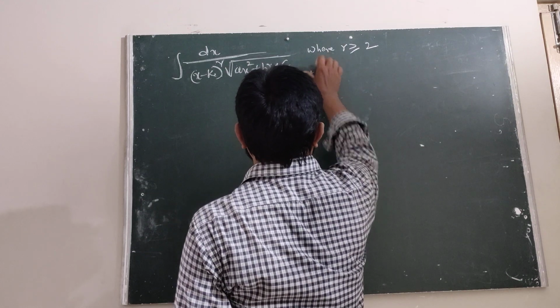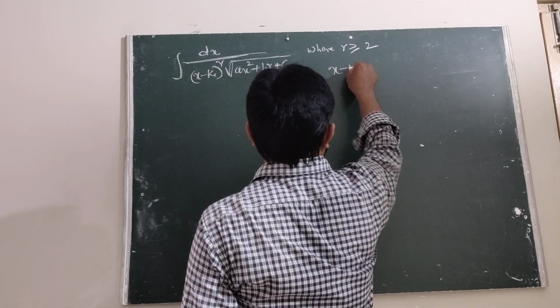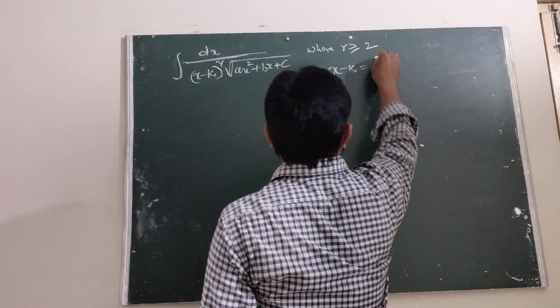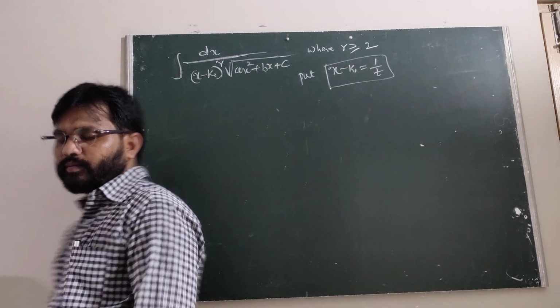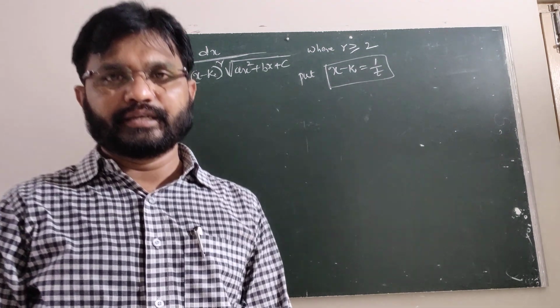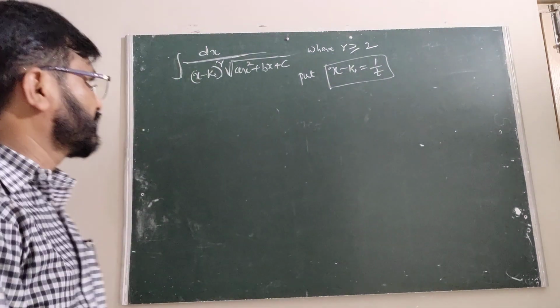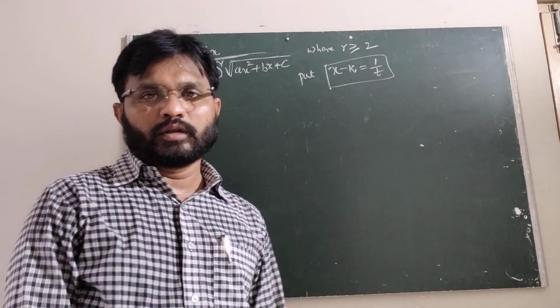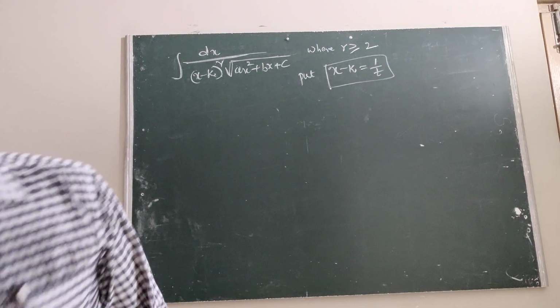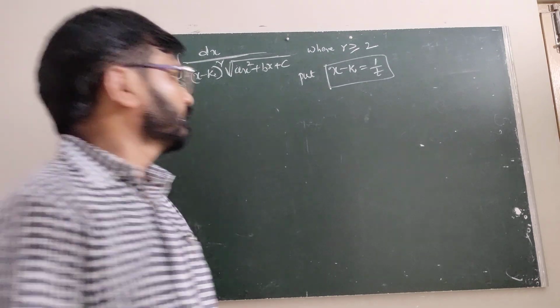The substitution is x minus k equals 1 by t. Is it okay? Therefore, now we are taking one example.